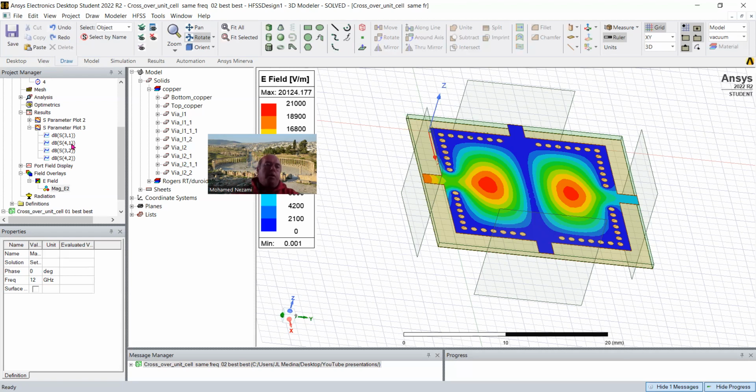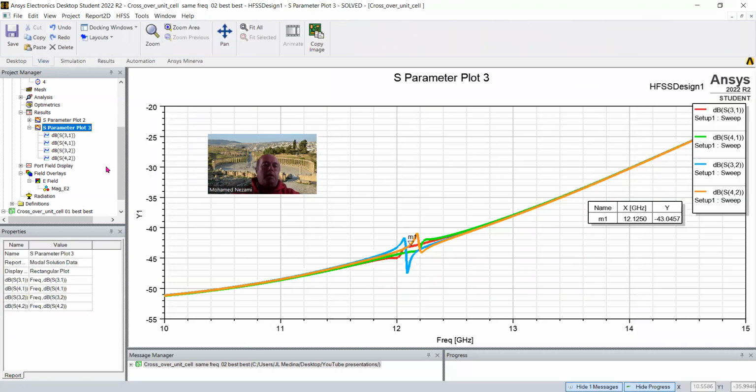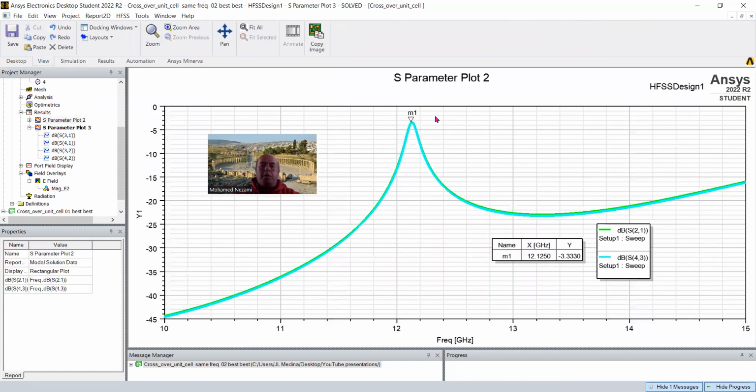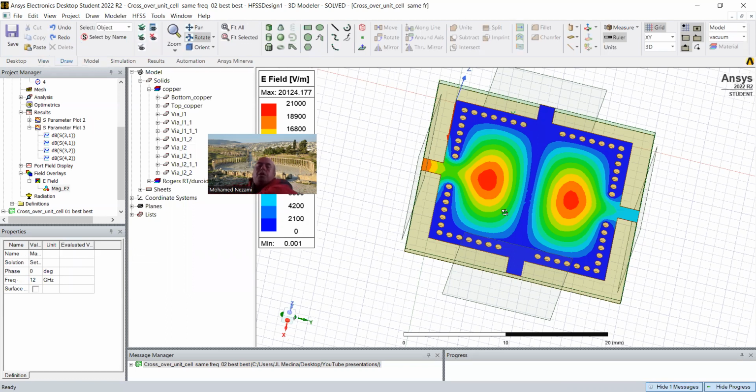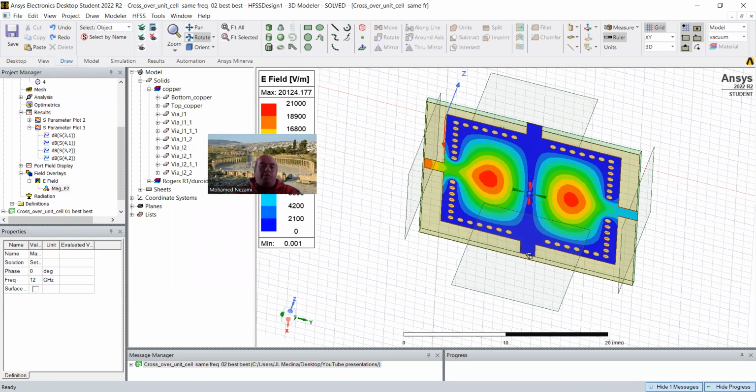Why filtering? Because obviously you can see here that it has a frequency response that is a single signal. So this works well for a CW or narrowband signal, but what would you do with a signal that is broadband? Well, you design a filter.